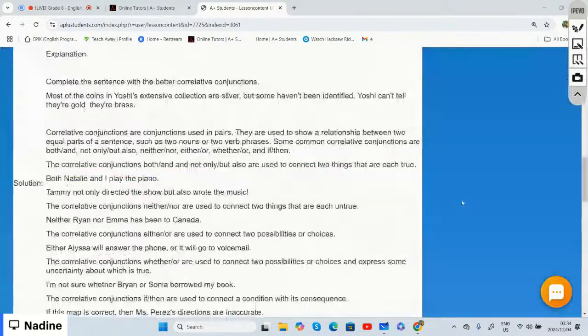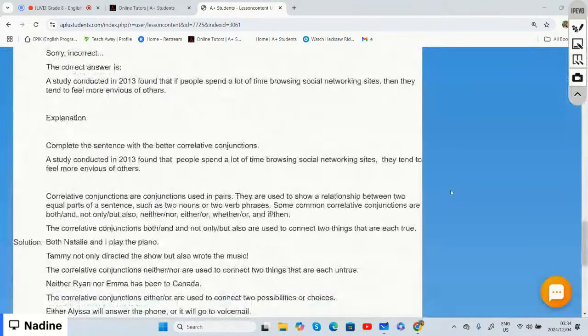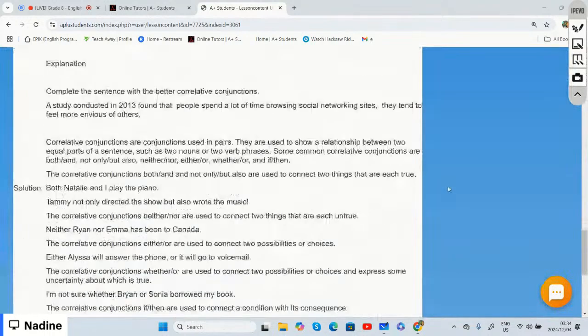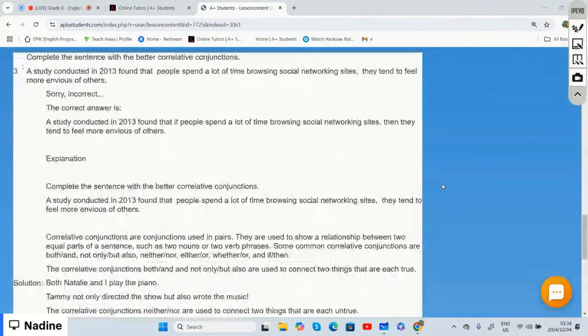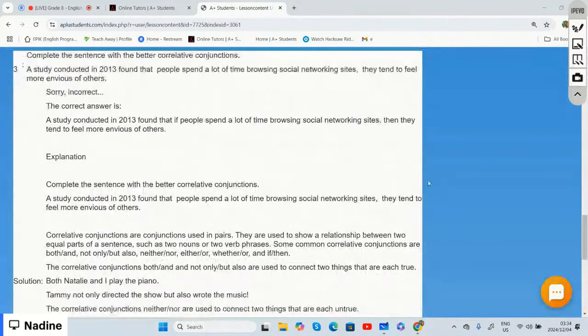All right, let's do the last one and then we're going to our test. We need to complete the sentence with the best correlative conjunction. A study conducted in 2013 found that people spend a lot of time browsing social networking sites. They tend to feel more envious of others.